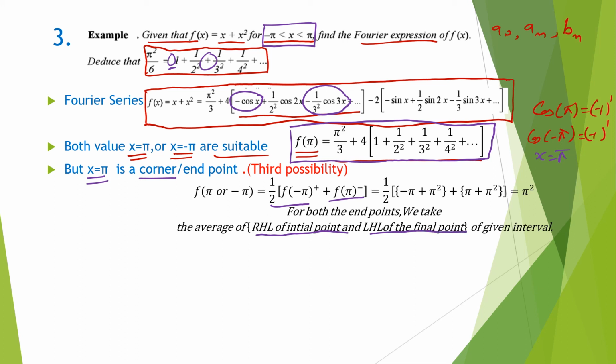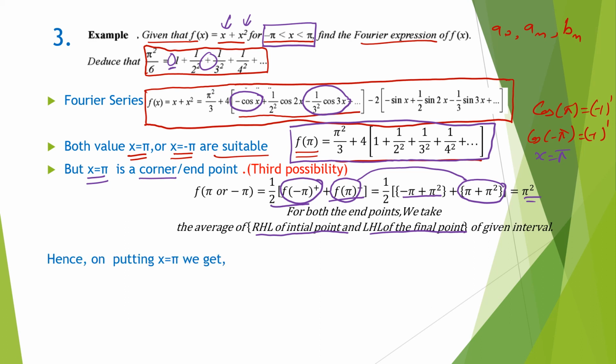When x is minus pi, the value of the function will be minus pi plus pi square. For the function value when x is pi, x is replaced by pi, then it is pi plus pi square. So finally we get pi square. So the value for the edge is pi square.